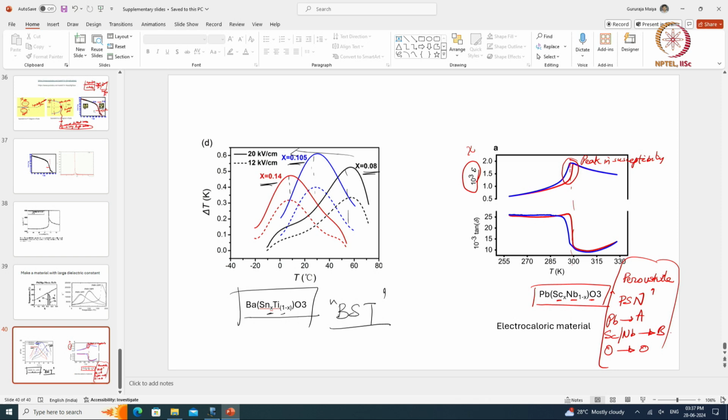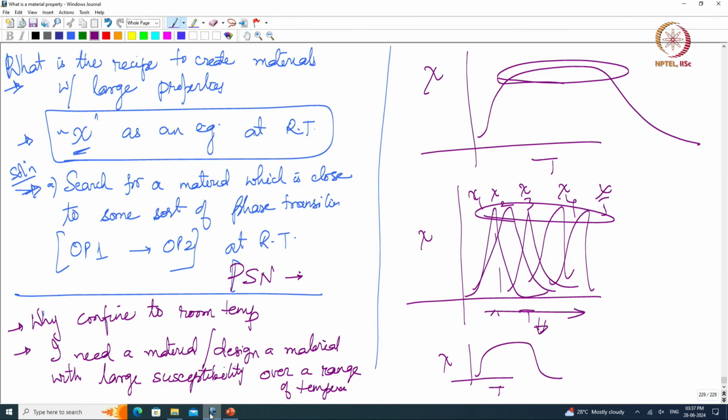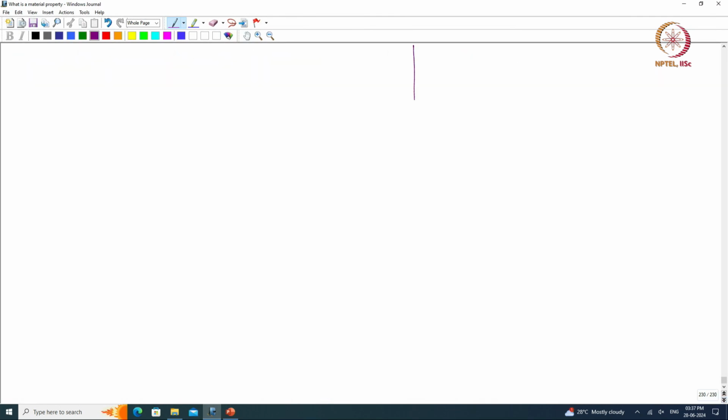So, let us remember the x's. This is at 60 degrees, this is at 25 degrees, this is at 30 degrees and this is at almost 10 degrees, right. Now I want to make a material. I want to make BST which has a large dielectric constant.